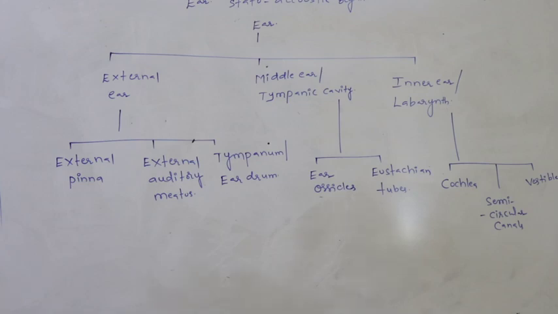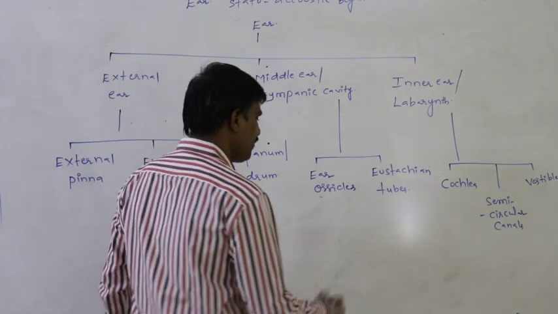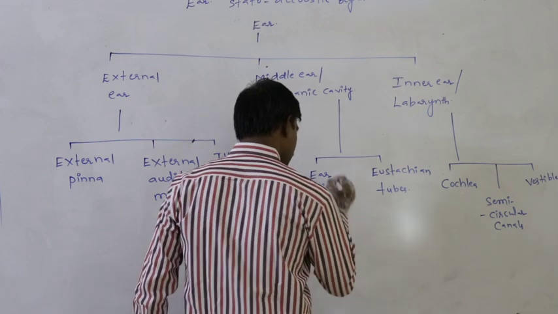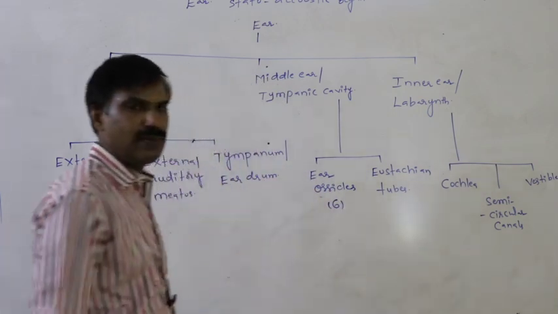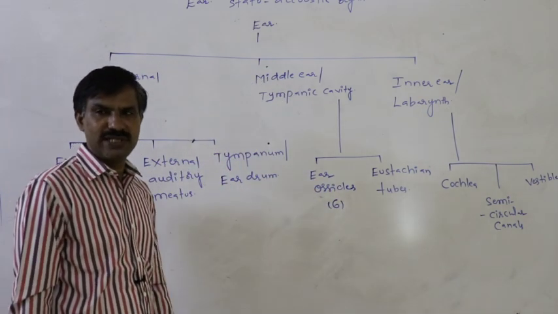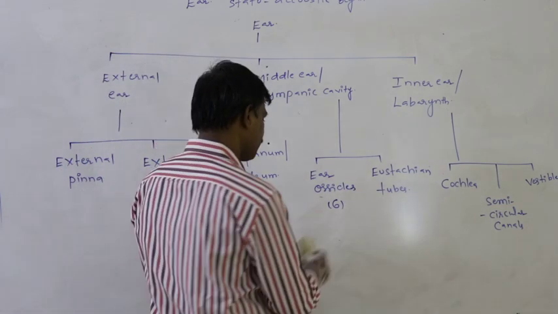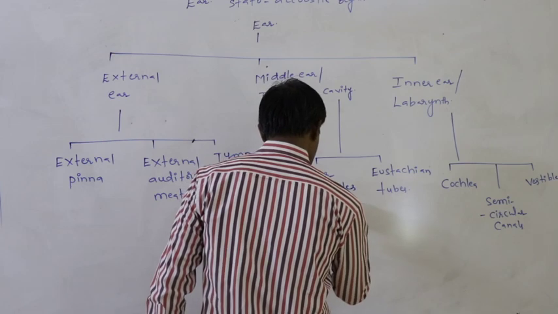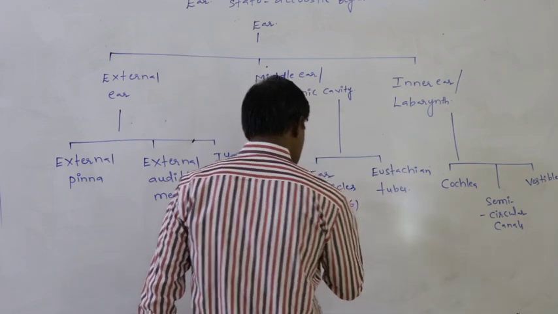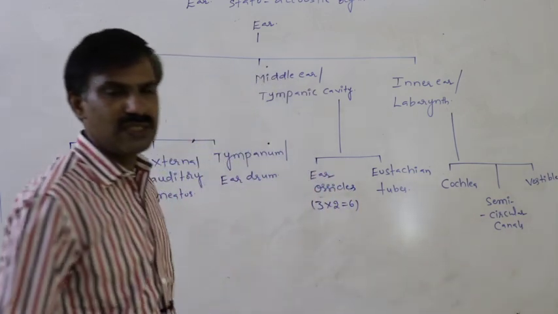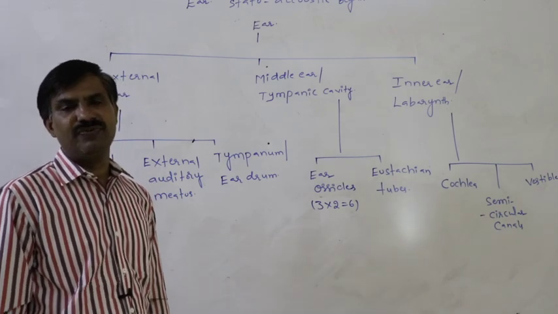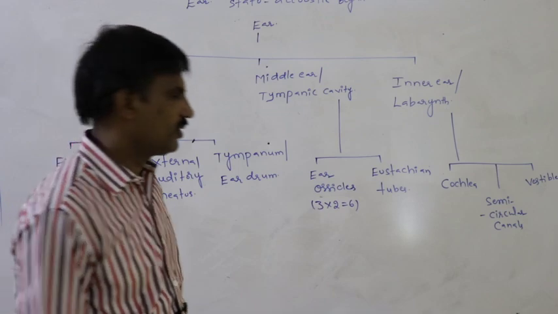How many ear ossicles are present on one side? 3. In one side of the ear 3, in both sides they are 6 in number, that means 3 into 2 equals 6.